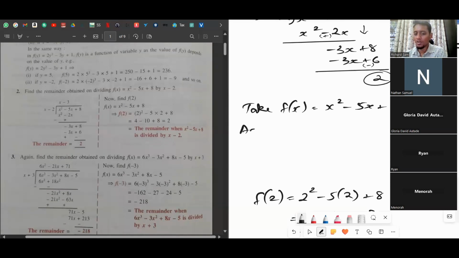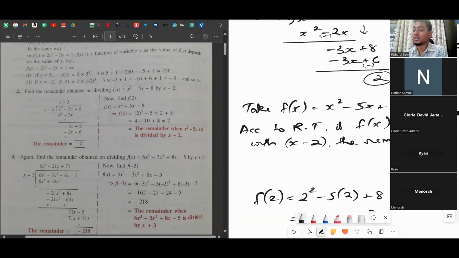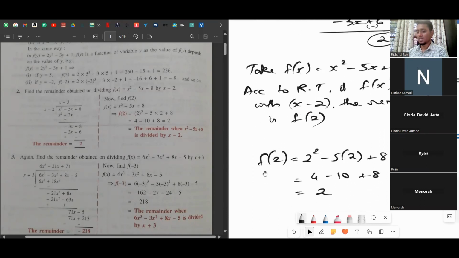Then you have to write, according to the remainder theorem, I'm just writing RT, if f of x is divided with x minus 2, then the remainder is f of 2, not 2, f of 2. That's why we found f of 2 here, and we got f of 2 as 2, which is the remainder.